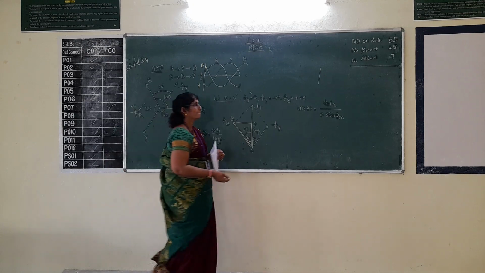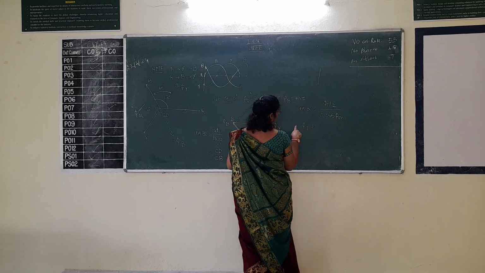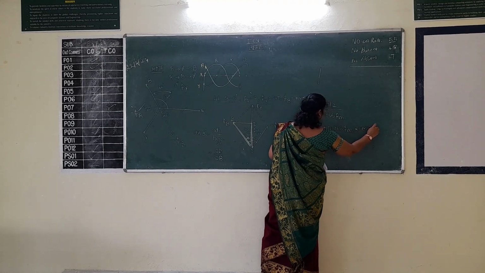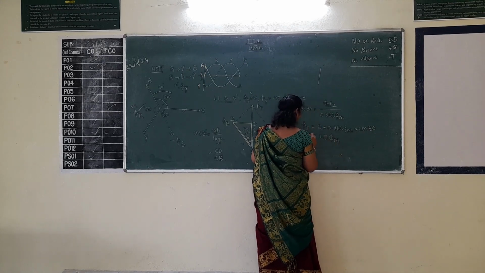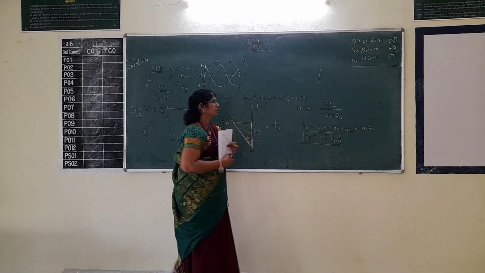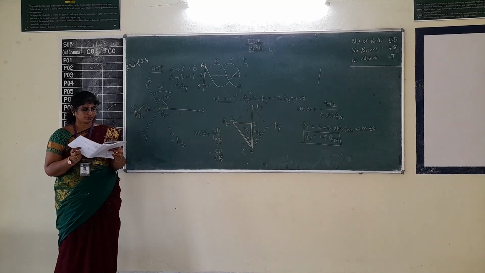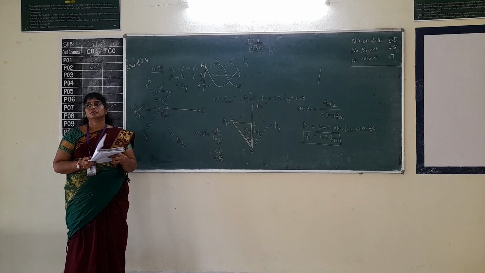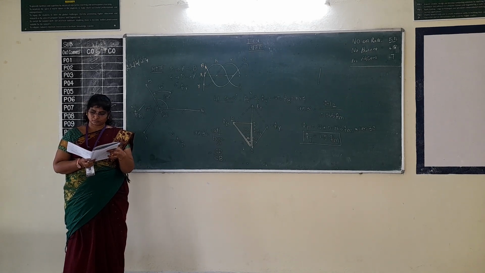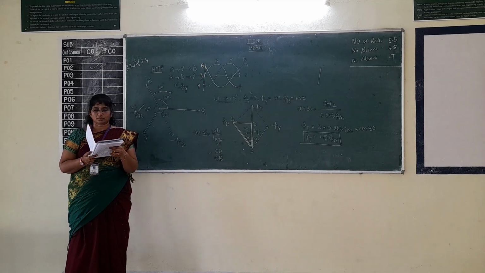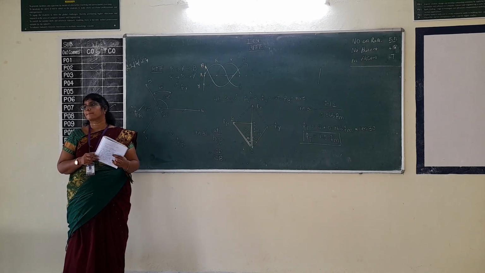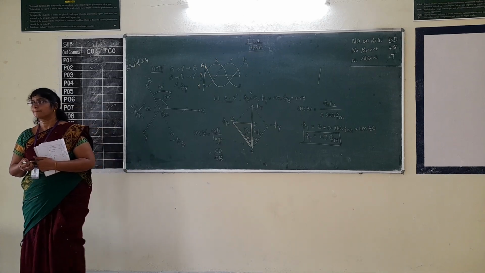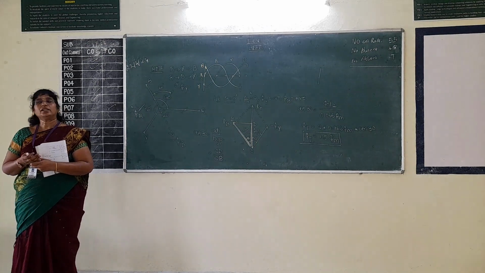Find the value of phi t. See, take down first. 1.5 phi m.